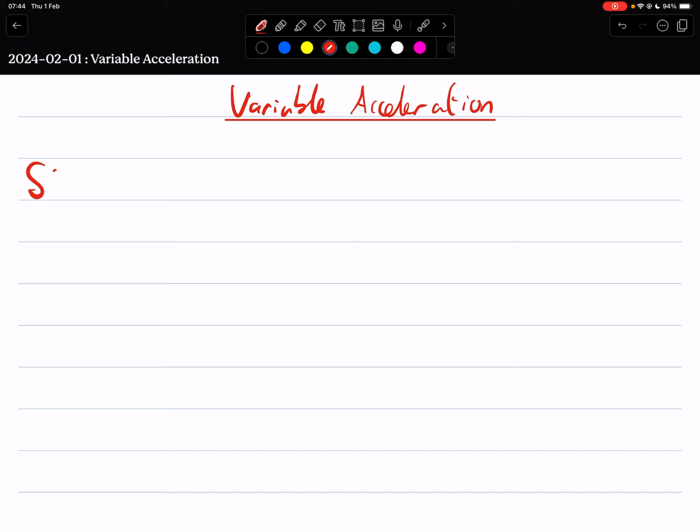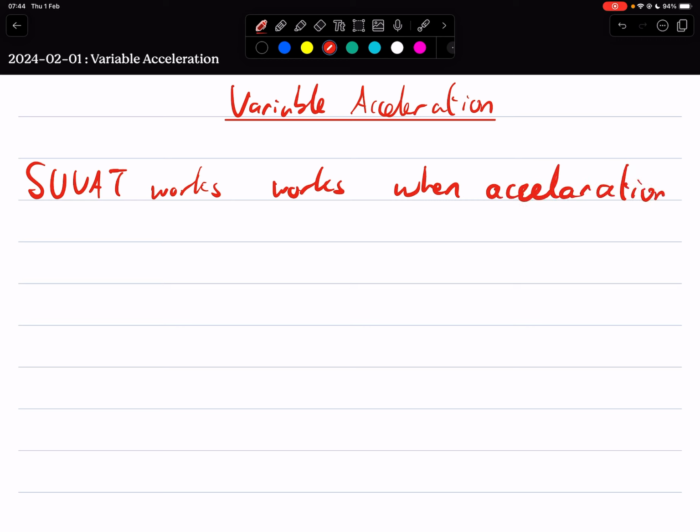SUVAT basically works when acceleration is constant. But if it's changing, then we need to use integration and differentiation to find out positions and also find out velocities.